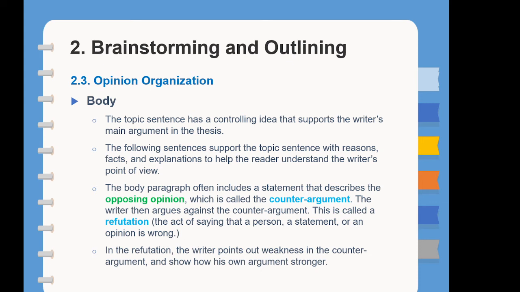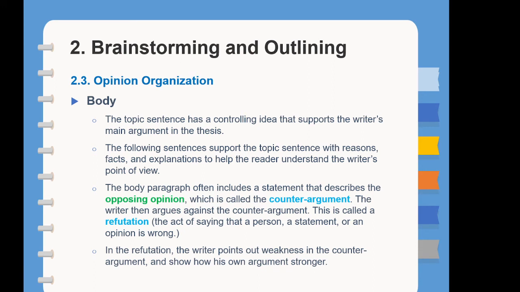Again, in the body paragraph, you include the ideas that support your stand, but you also need to have an opposing opinion from the opponent.